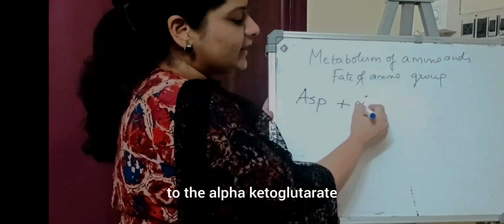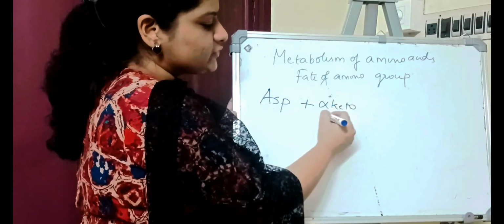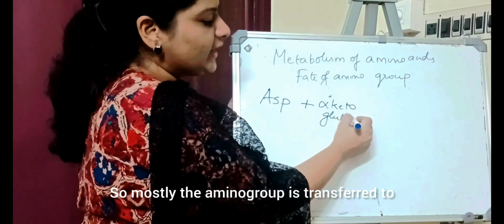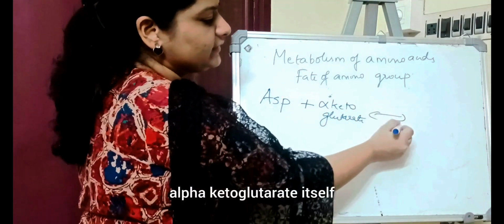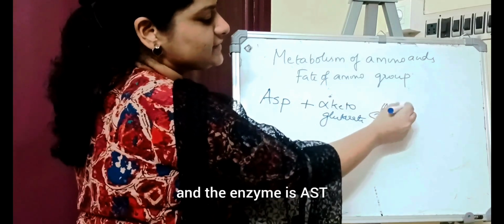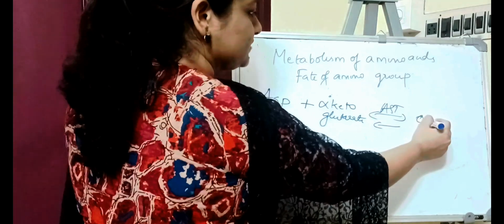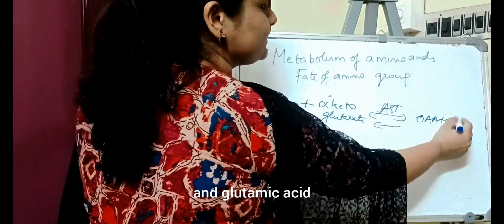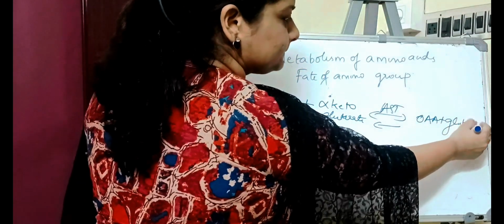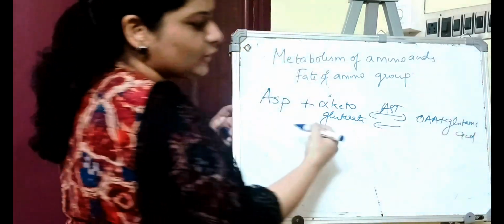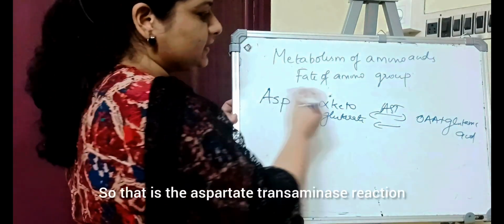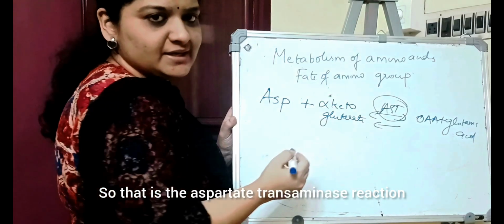Mostly the amino group is transferred to alpha ketoglutarate itself, and the enzyme is AST, aspartate transaminase, forming oxaloacetate and glutamic acid. So that is the aspartate transaminase reaction.